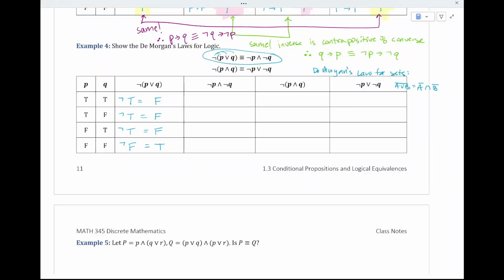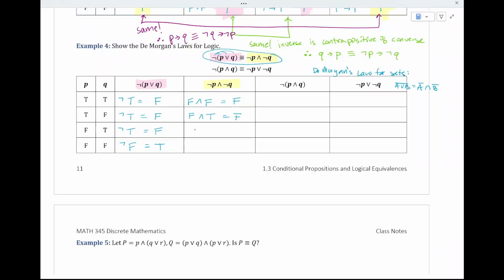So that is this side of this first De Morgan's law. Now we're looking at this side over here. That one's right here. I have false and false, which is false. I have false and true, which is false.